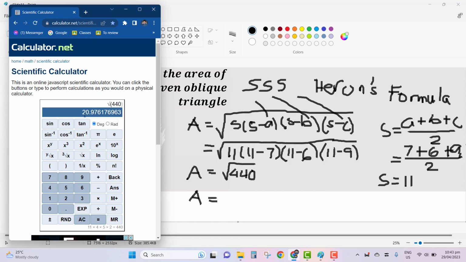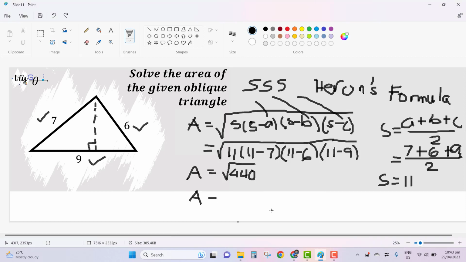That would mean it would become 20.98, and that is actually our approximated value, not the exact. So we have here approximately, again, 20.98. That is the area of this given oblique triangle.